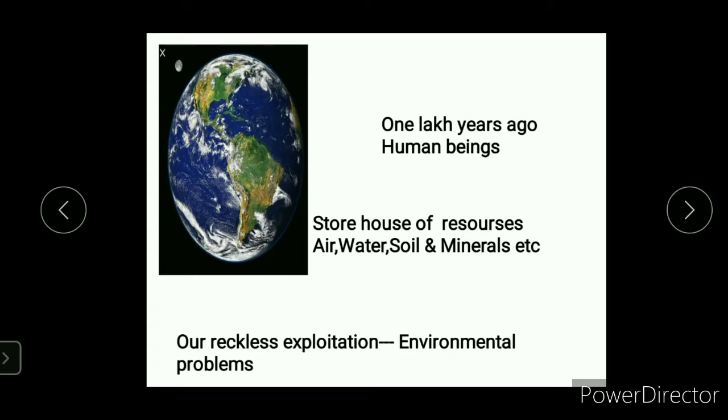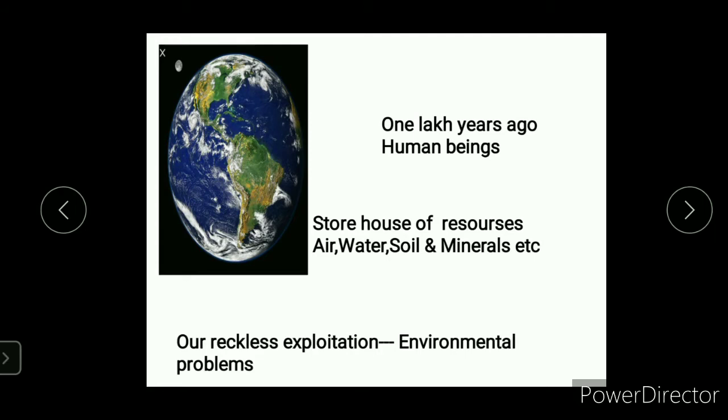Since human beings arrived on the Earth 1 lakh years ago, we started changing the surroundings of Earth for our better life. In that process, we have used many of the resources of the Earth to construct our shelters.